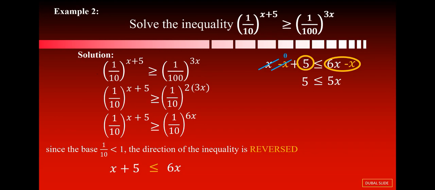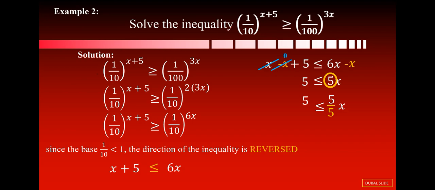Since our number here still has a coefficient, which is 5, we are going to apply the division rule, in which we divide both sides by 5. So that would be 5 divided by 5 times x. Copy the inequality.